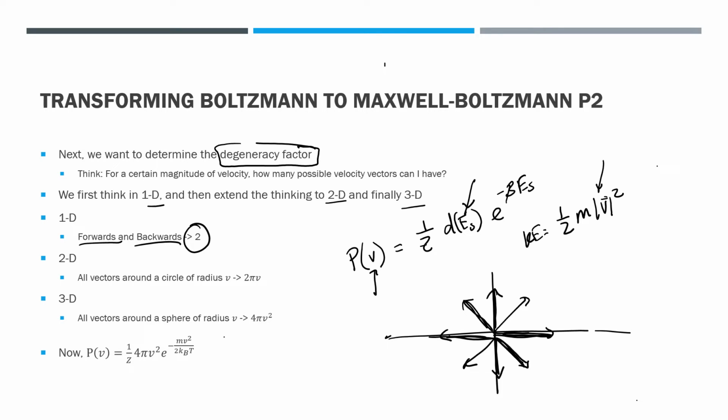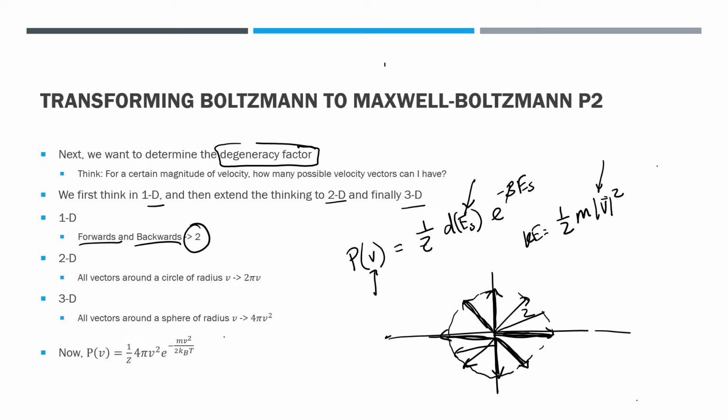And you might see that these vectors are sort of drawing out a circle. I can go anywhere with these velocity vectors drawing out a circle, as long as that circle has the radius of 2 meters per second, or 2.